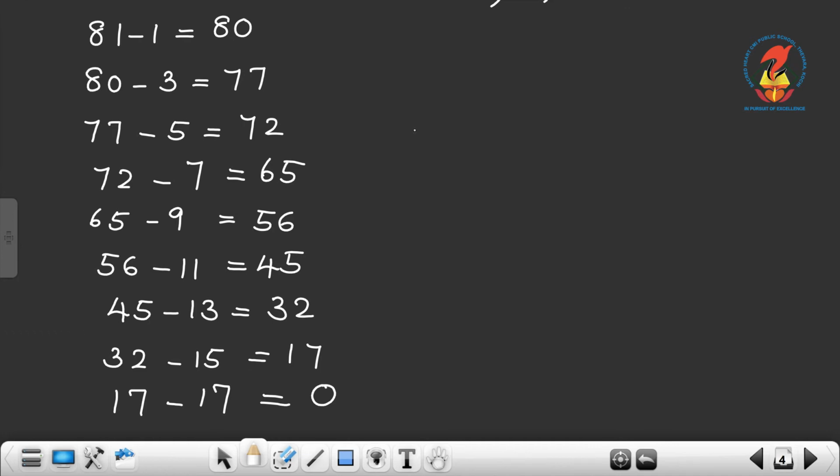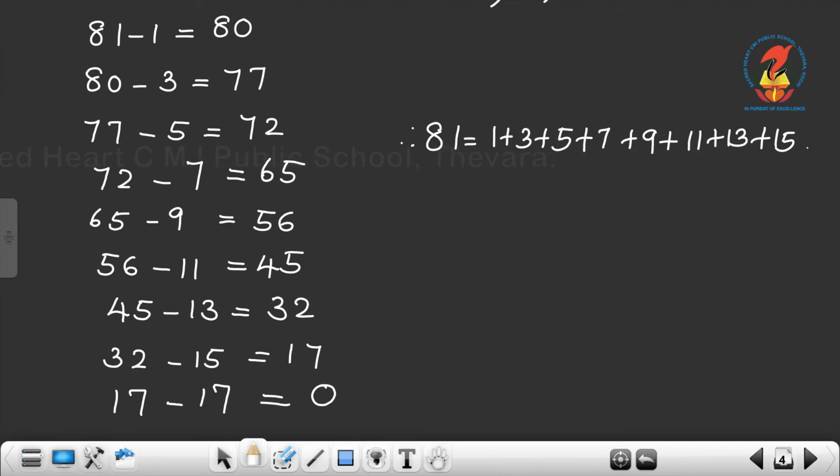Therefore, we can write 81 as 1 plus 3 plus 5 plus 7 plus 9 plus 11 plus 13 plus 15 plus 17.